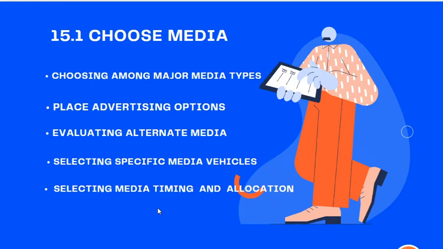Continuity means exposures appear evenly throughout a given period. Concentration calls for spending all the advertising dollars in a single period, which makes sense for products with one selling season or related holidays.